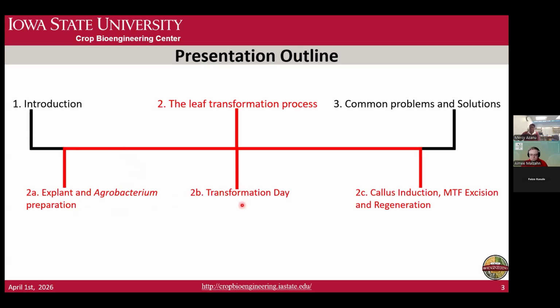Then we have the transformation day where you combine the explants and Agrobacterium. And then the last part where we have the callus induction and morphogenic gene excision and then regeneration. After that, we have a part where we address some common issues that other researchers may face and possible solutions.